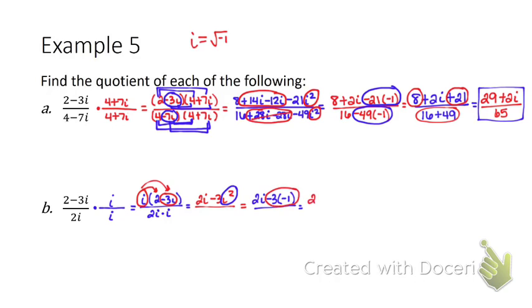So it gives me 2i plus 3. And then there's one other thing I have to do here. Switch them. Remember, we want i to be last, okay? So this is a positive 2i, and this is a positive 3. Make sure the sign goes with the number. So you got 3, and then a positive 2i.